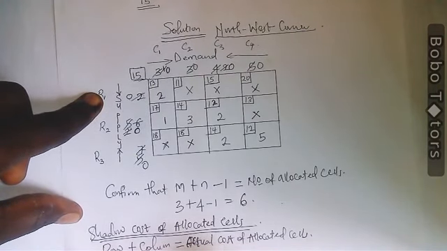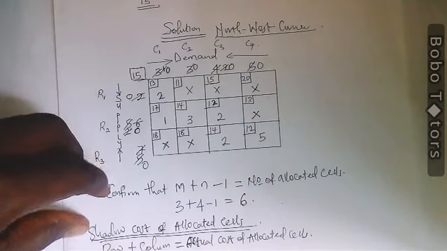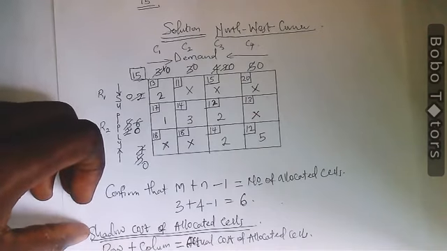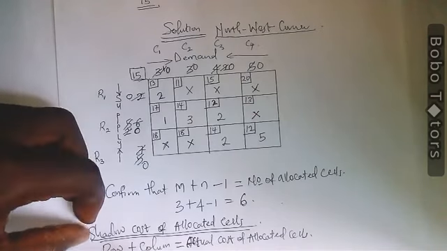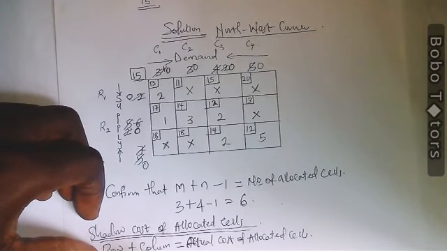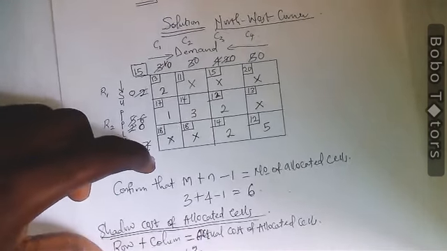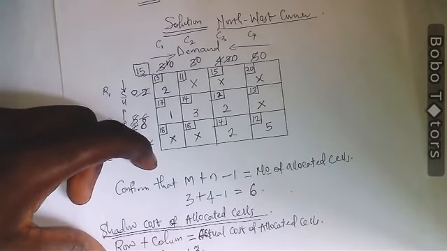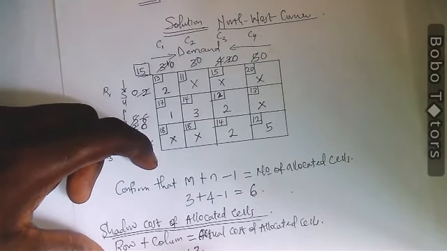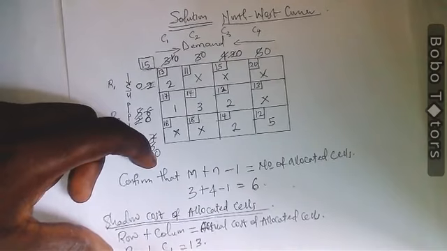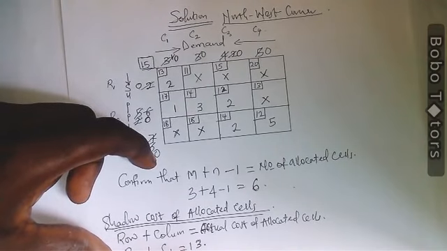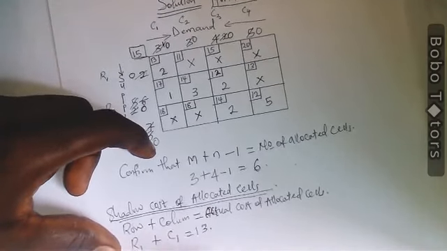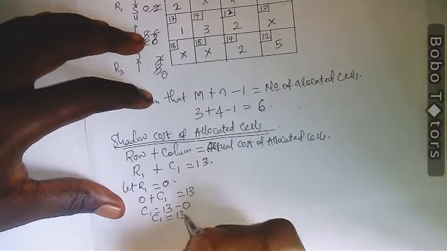Whenever you are doing this, you always assume that row 1 is 0. Let row 1 equal 0. Since row 1 is 0, you say 0 plus column 1 is equal to 13. Hence column 1 is equal to 13 minus 0, so column 1 is equal to 13.